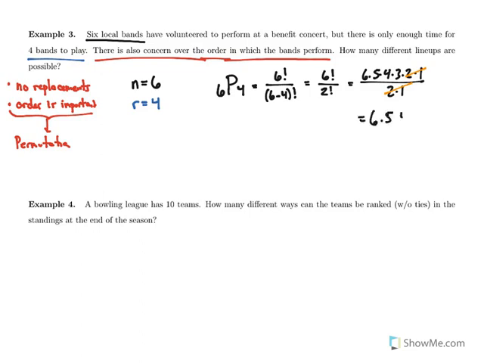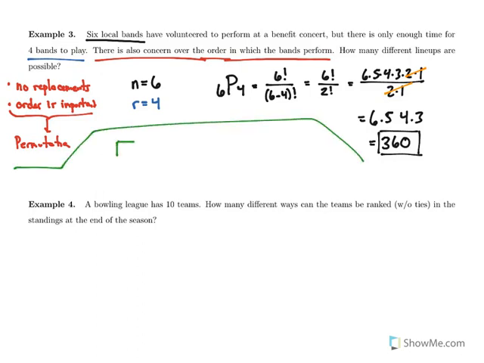That leaves 6 times 5 times 4 times 3, which would turn out to be 360 different lineups.